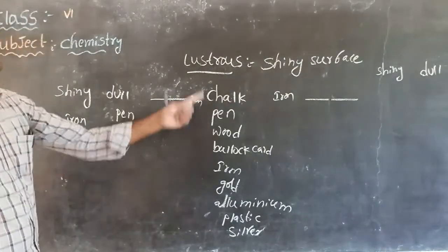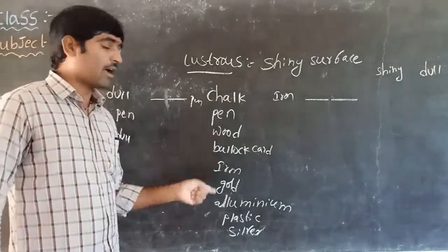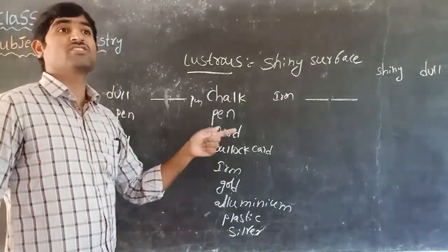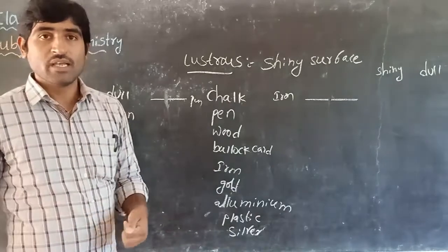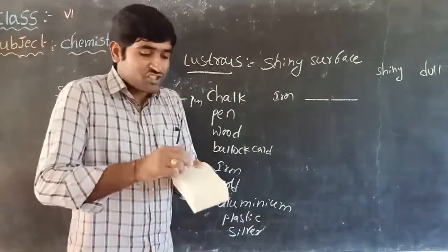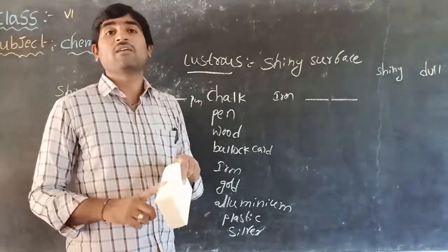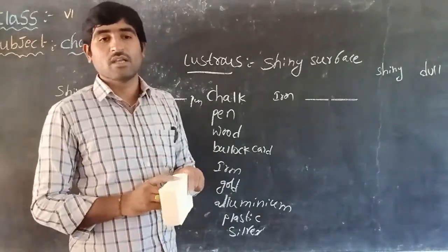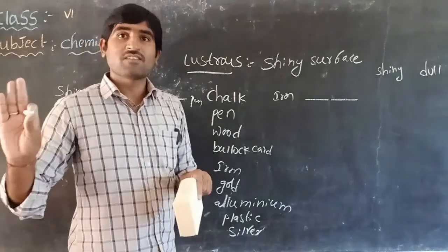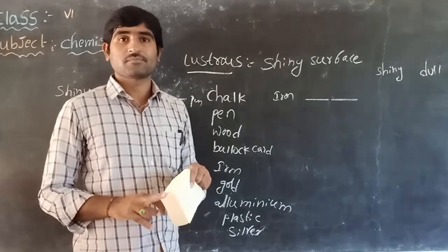Repeat the experiment with the remaining articles that you collected. In the collected articles, find out which ones have a shiny surface. If it is not possible to break an article, then do one thing: scratch the surface of the material with sandpaper.